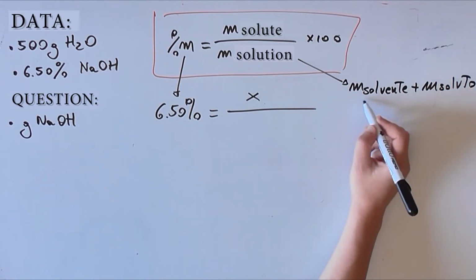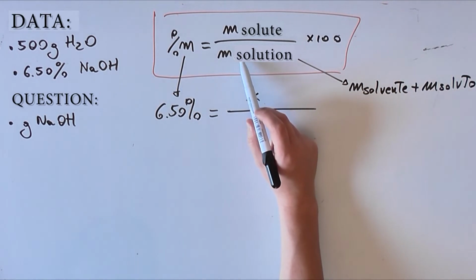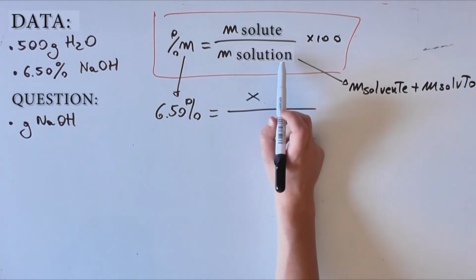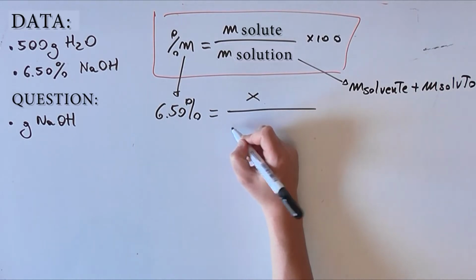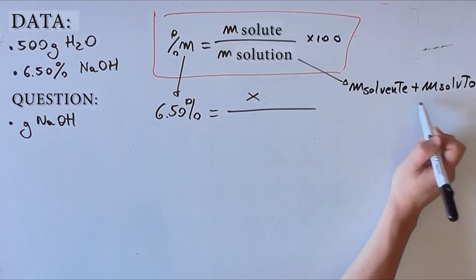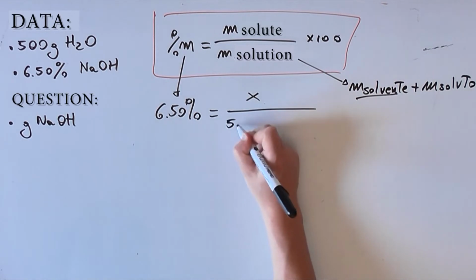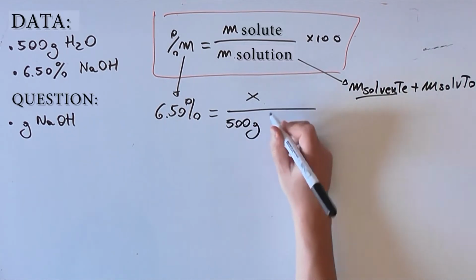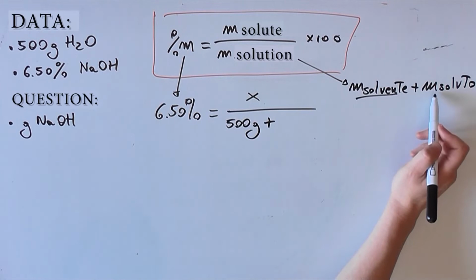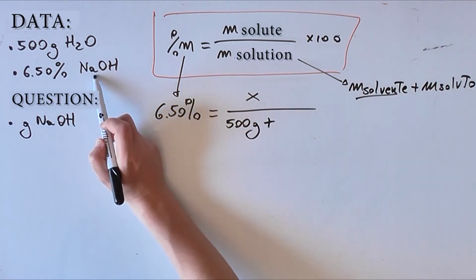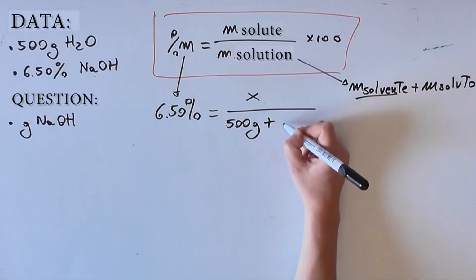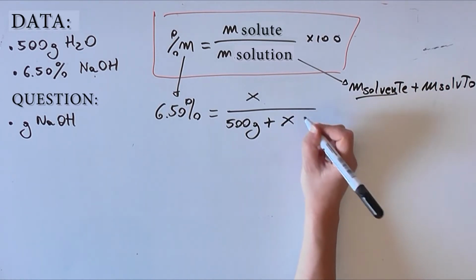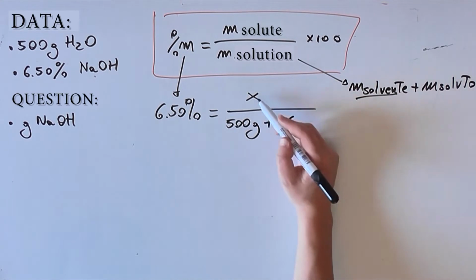So we recorded the mass of solution. So what to put over here? The mass of solvent is given, and it's 500 grams, we know it. So we write 500 grams plus the mass of solute, that is the mass of NaOH, but we don't know it, so we can write it like X, because it's the same variable we have on the top.